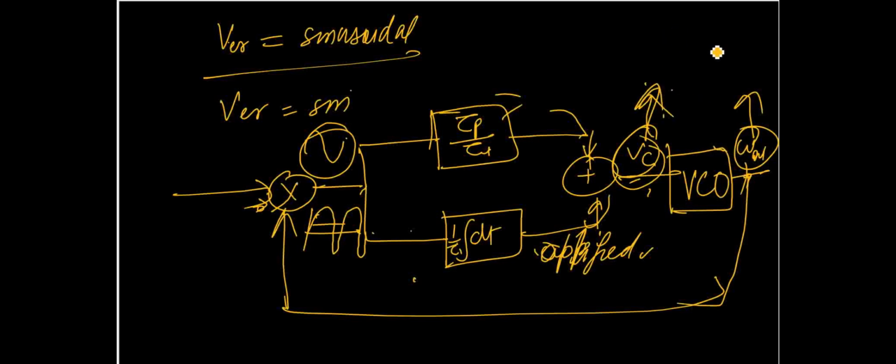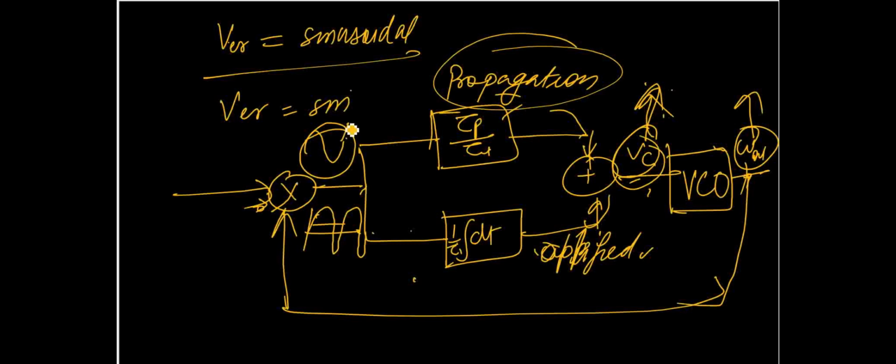This loop will work, and at that time this VC will become high enough to make omega out high. So why are we using this? This is called the proportional path. At initial time, when your V error is sinusoidal, it is fully symmetric. If you feed this to the integrator, it will make it 0. To avoid that, we are using a proportional path.